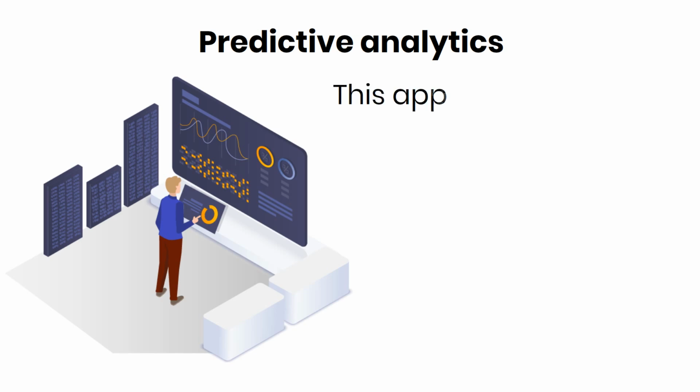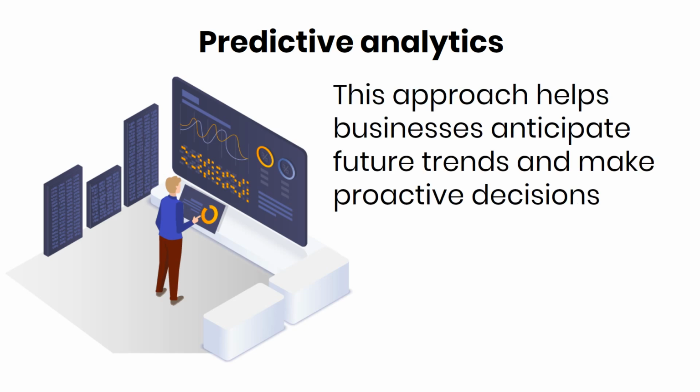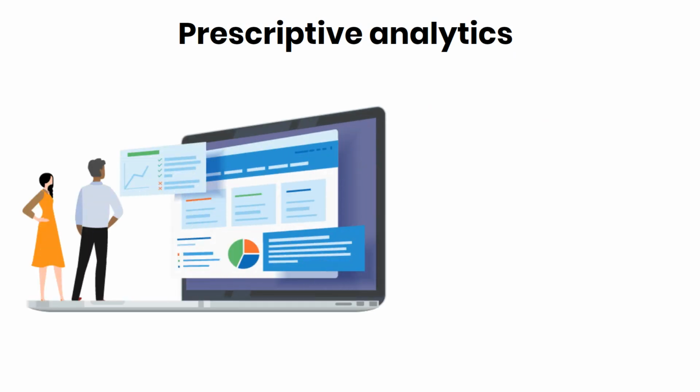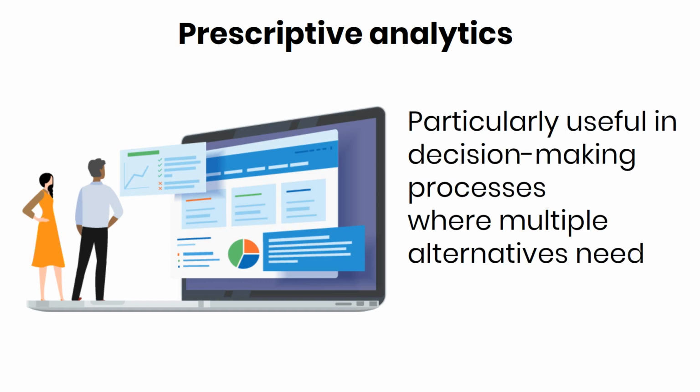This approach helps businesses anticipate future trends and make proactive decisions. Lastly, prescriptive analytics combines data analysis with optimization techniques to recommend the best course of action. This type of analysis is particularly useful in decision-making processes where multiple alternatives need to be evaluated.